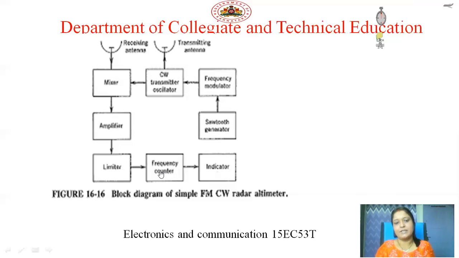The frequency counter will calibrate it to measure the distance and the relative velocity, because it has both the information, FD and F1, F2. That information is given to the indicator, which displays the relative velocity and the distance from the target. Therefore, this FMCW radar is used to find the relative velocity as well as the distance.